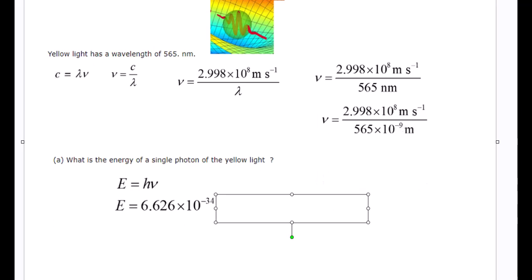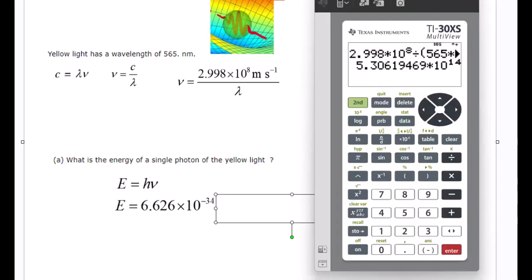So let's get the calculator out again. I've got it here. And don't clear things out of your calculator. This was our last answer, which was the frequency. I'm going to take this 6.626 times 10 to the negative 34.